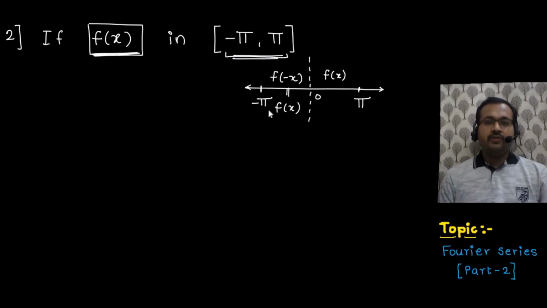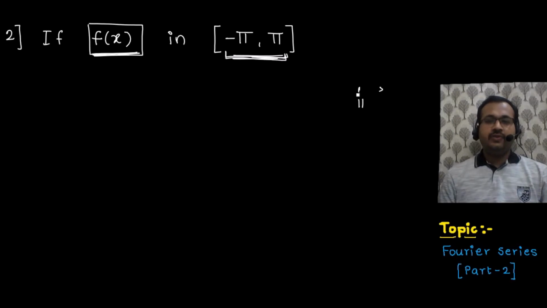If f of x is odd function, then f of minus x will be negative times f of x. In that case, Fourier coefficient in this range may or may not be 0. So depending upon the case, we start with neither even nor odd function in the range minus pi to pi.